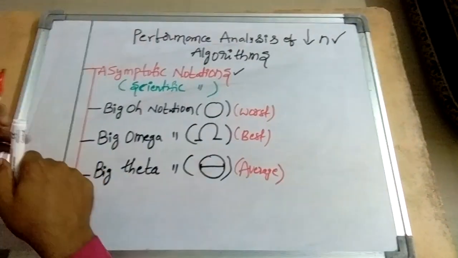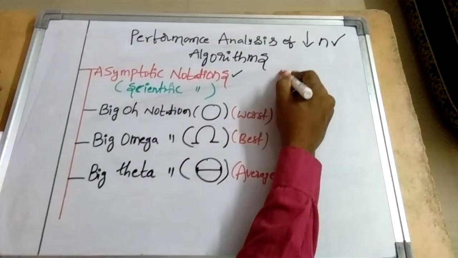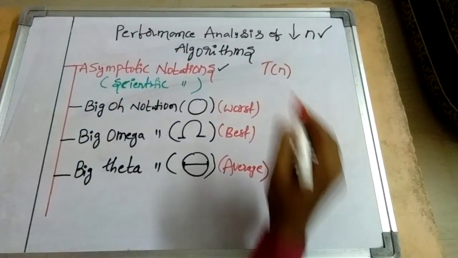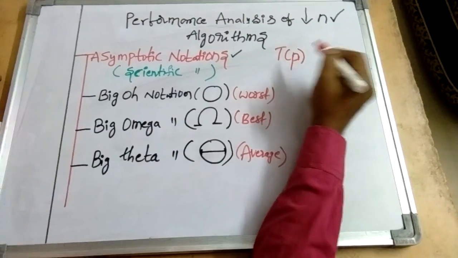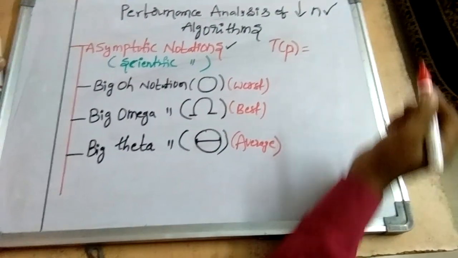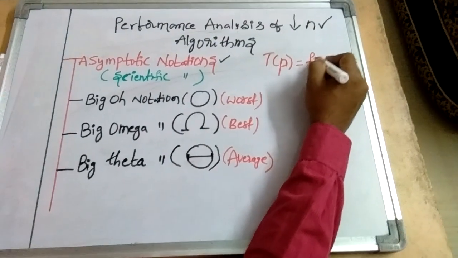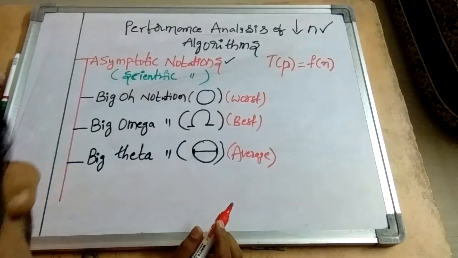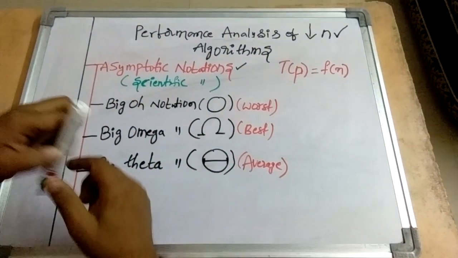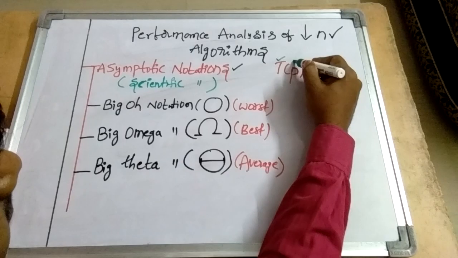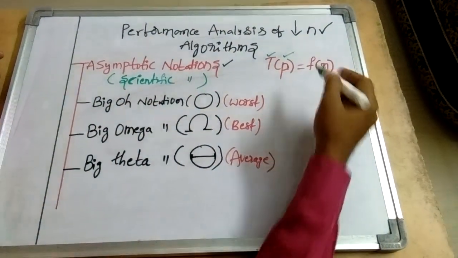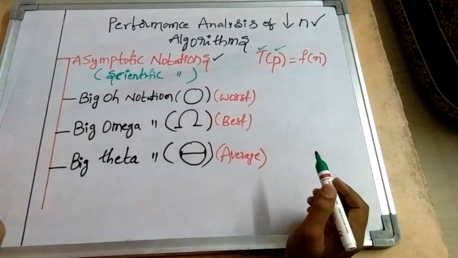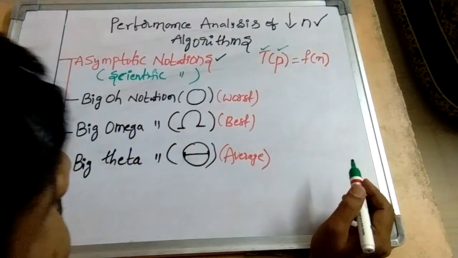So I say the time complexity of a program, let it be T of p. T of p can be expressed as a function of n, because the problem size is n. The T stands for time complexity here, and p stands for the program. So it is expressed as f of n, a function which processes the n elements.